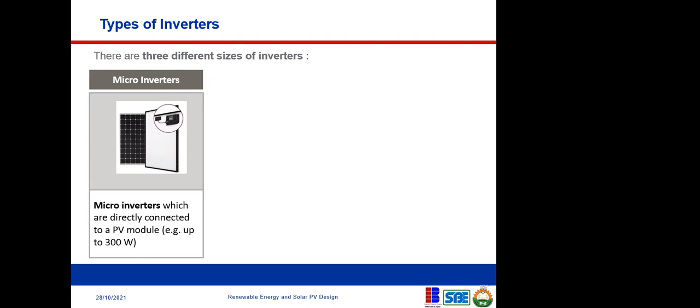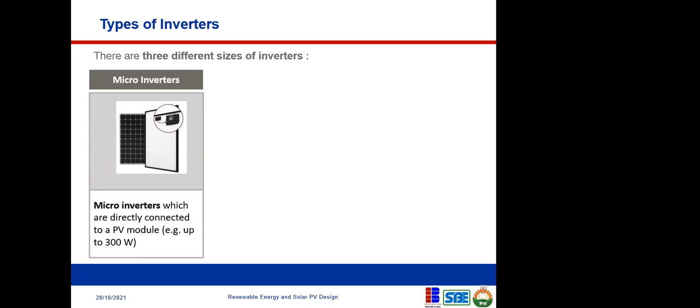As the PV module is generating electricity in DC, it is being converted to AC at each module level. So what is now feeding to the combiner box is AC current instead of DC, as was the case in the other instances that we gave.